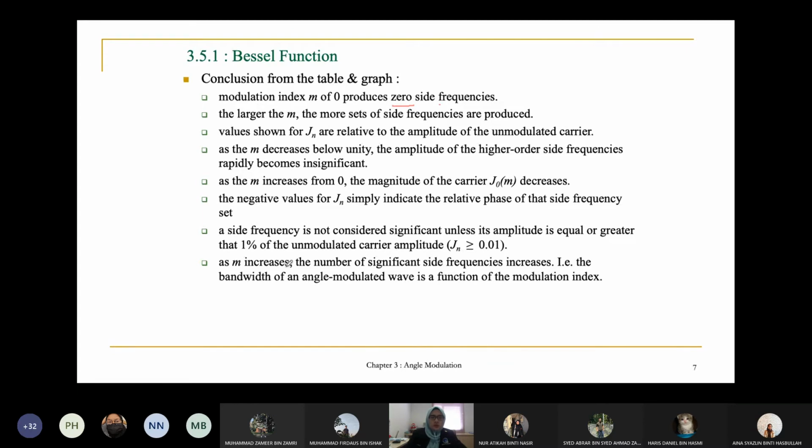As m increases, the number of significant side frequencies also increases. Therefore, the bandwidth will also increase. The bandwidth of the angle modulated wave is a function of the modulation index. Now let's look into how we can calculate the bandwidth for angle modulation.